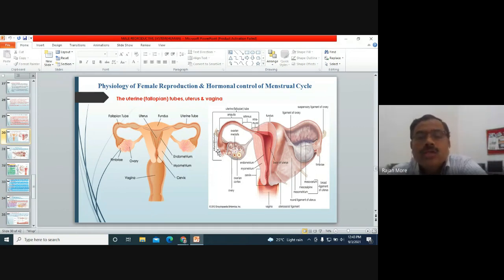So when you see the fallopian tube, it is divided into these three regions.